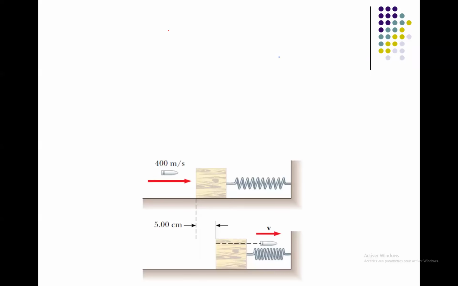Here at the position A, we have just before the collision and just after the collision, the bullet goes through the box.